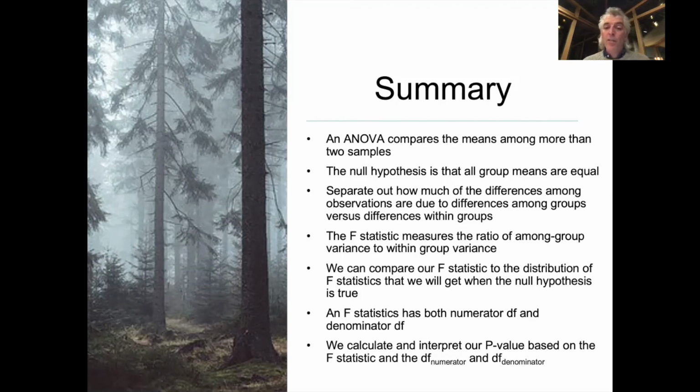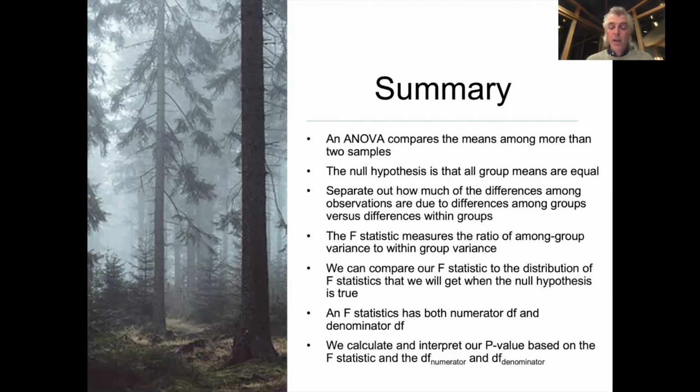The test statistic for an ANOVA is the F statistic, which measures the ratio of the among group variance, or how big the differences are among groups, relative to the within group variance, or how much variability we have within each group.